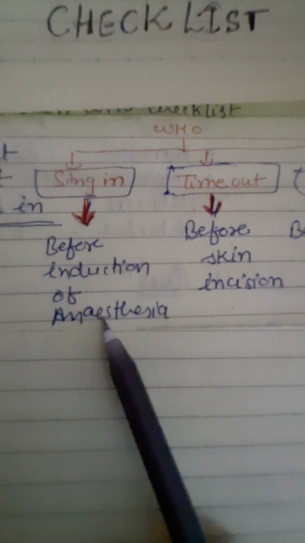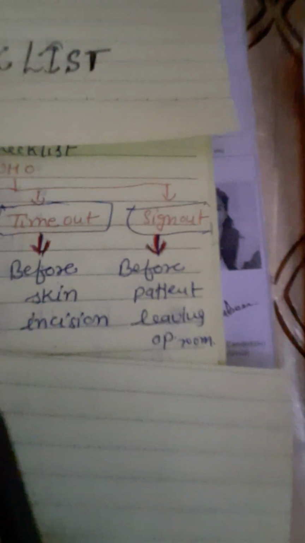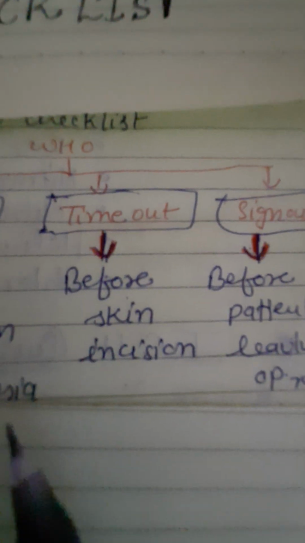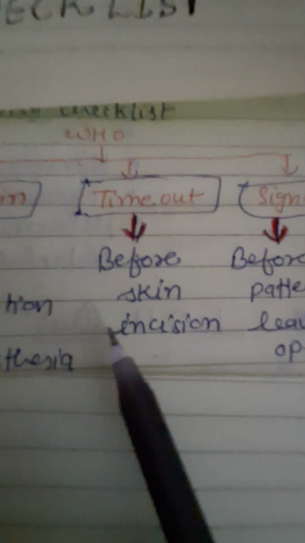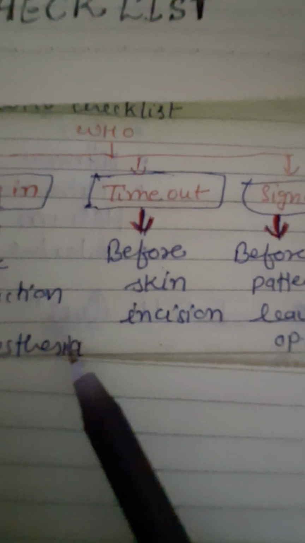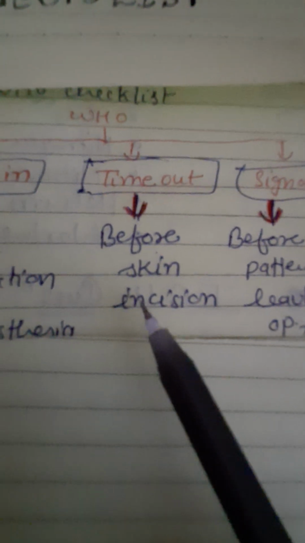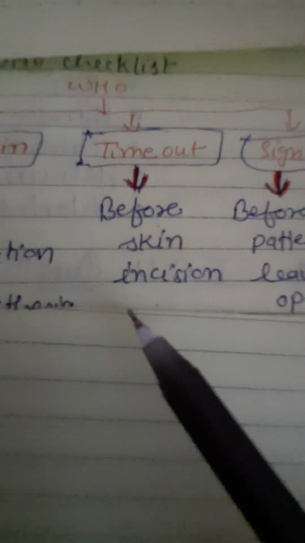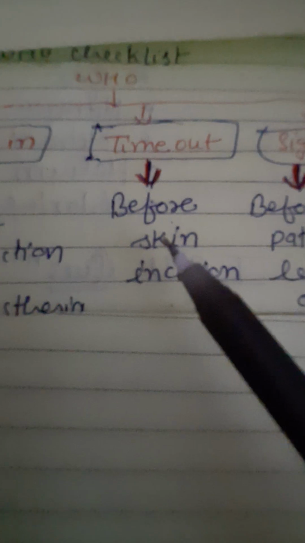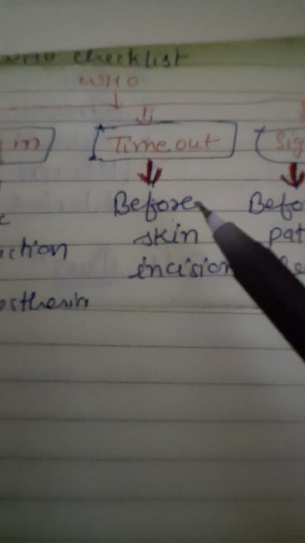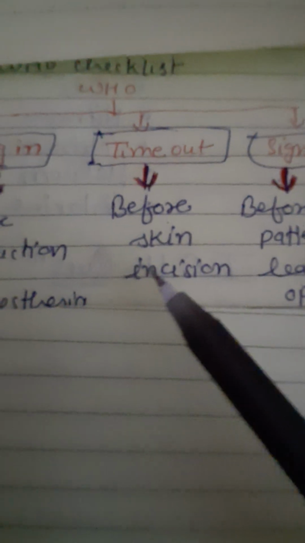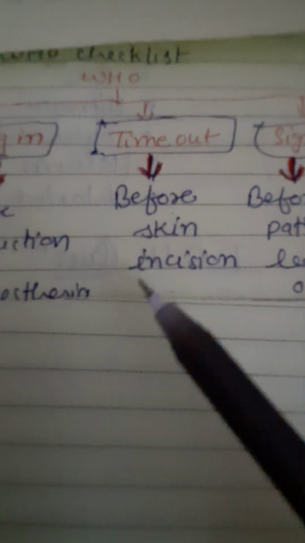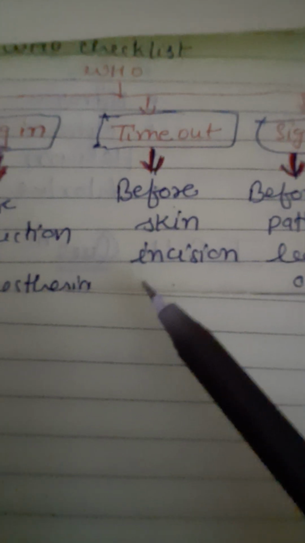In time out, before skin incision, whatever checklist you tick or follow to ensure healthcare worker and patient safety, whatever steps you take before skin incision, that is time out.